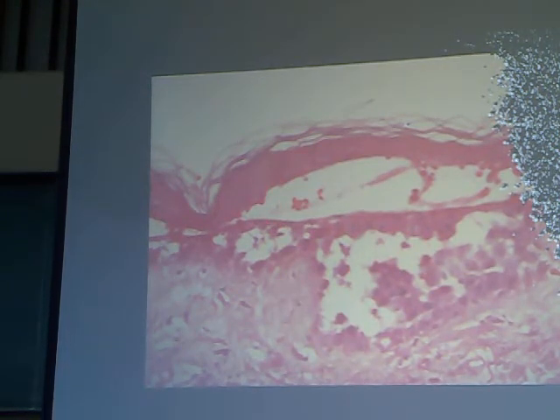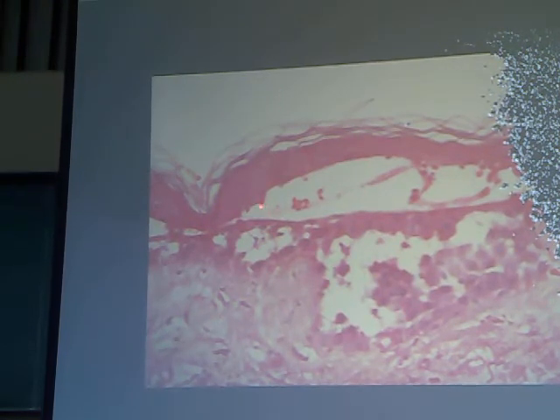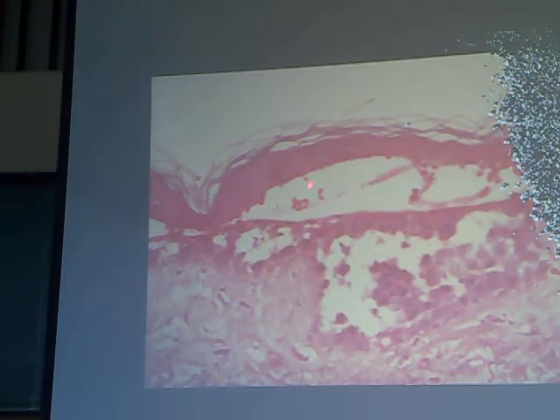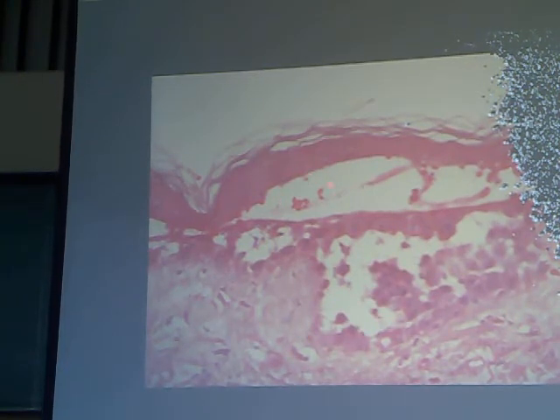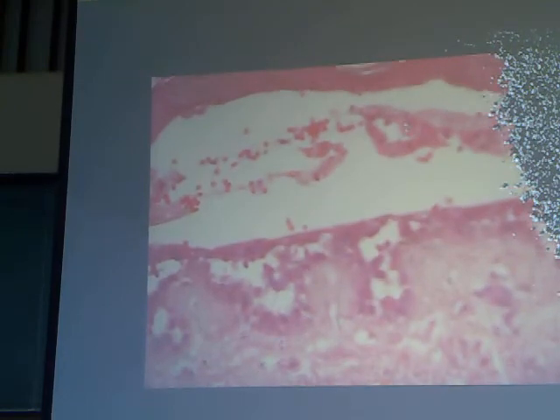Especially because of the effect of the membrane attack complex, some squamous cells will die because of the effects of MAC, and then eventually, because of their death, the affected layers will become separated from the other layers of the epidermis. So that is how a blister will develop in pemphigus.